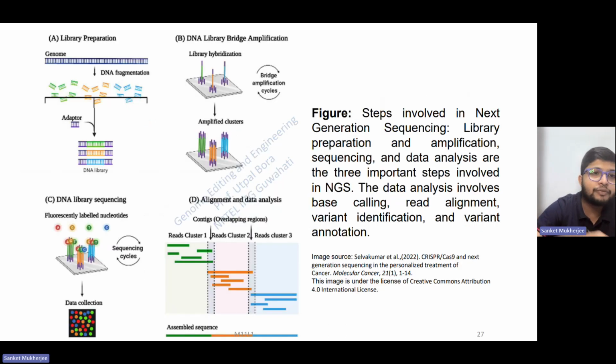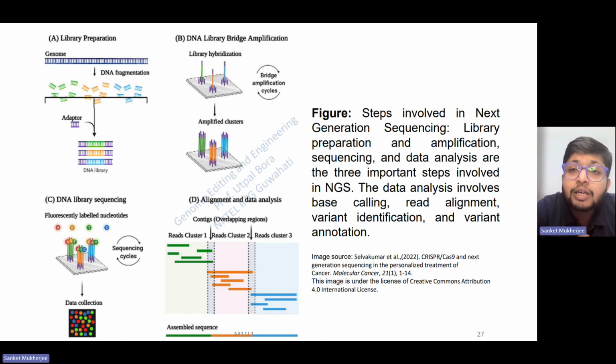So after this, let's see how a next generation sequencing library is prepared. Essentially you have the genome. To get the genome, you need to isolate it from the cells. That's the first step. Then you will perform DNA fragmentation. You need to have these genomes in smaller sizes, and you will add adapter molecules at the end of each of these fragments.